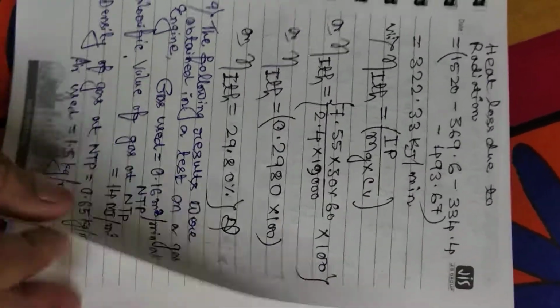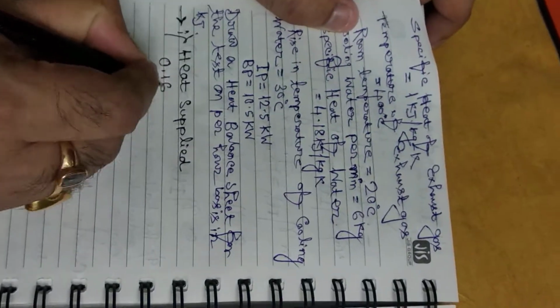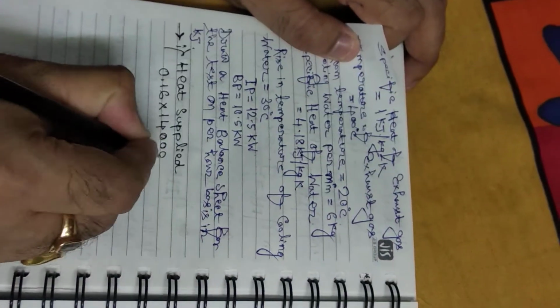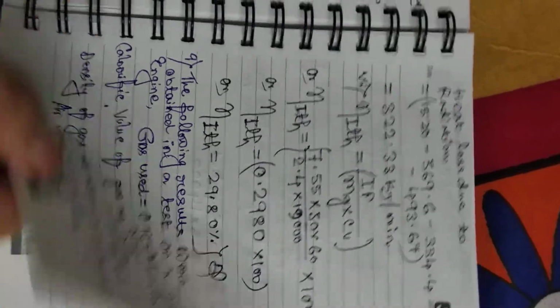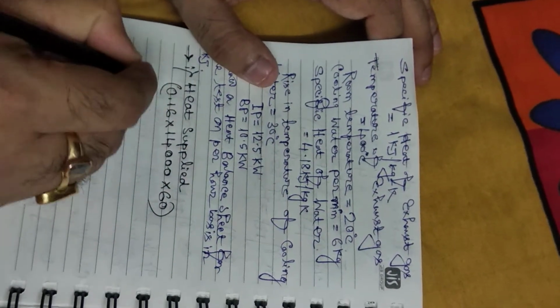So the heat supplied will be 0.16 into 14,000 kilojoule per meter cube, and for the hour it will be multiplied by 60.